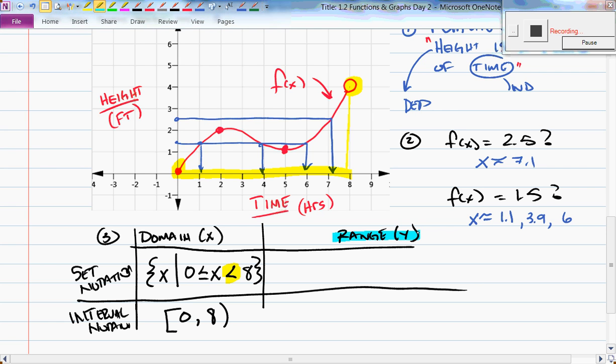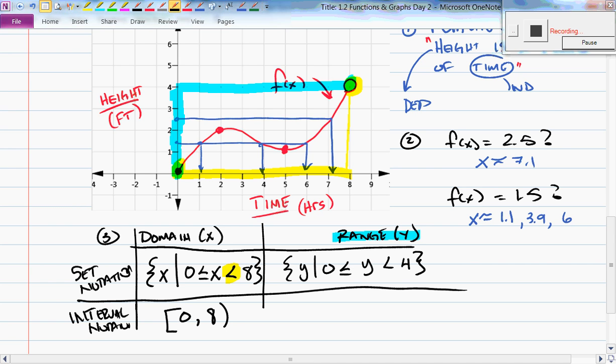So to find the range, okay, I say, where's the lowest point on my graph, and where's the highest point on my graph? They happen to be the same, but that's not always the case as the range. So I'm going to trace those points back to the y-axis, and everything that's highlighted between those 2 points counts as the range, because range deals with y values, right? So for the set notation, we're going to have a set, all real numbers y, such that 0 is less than or equal to y less than or equal to 4.